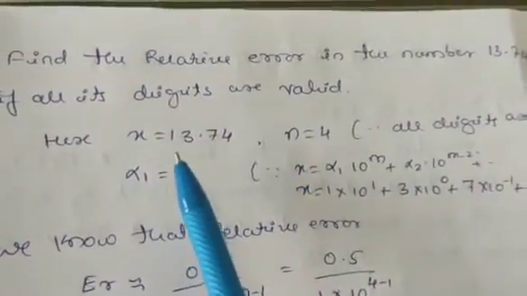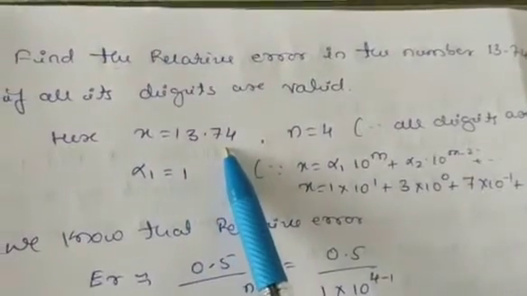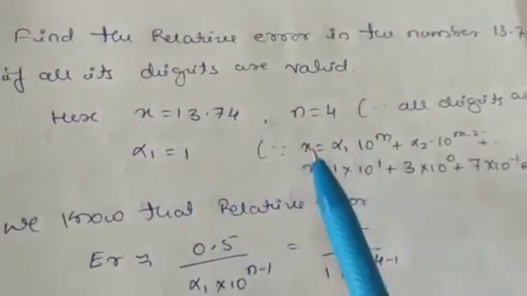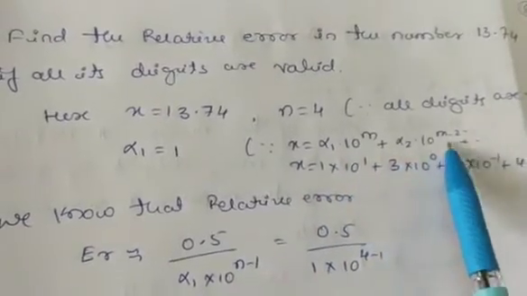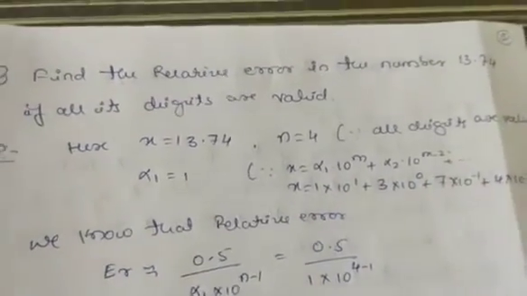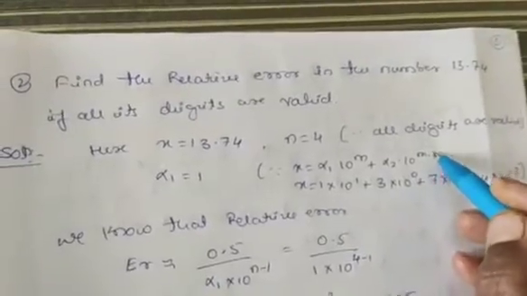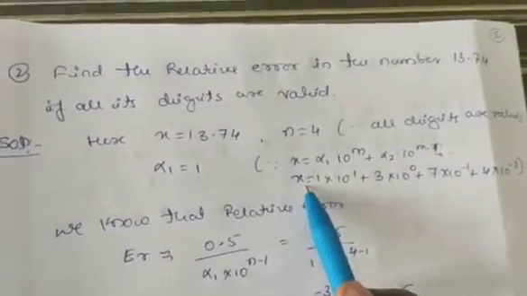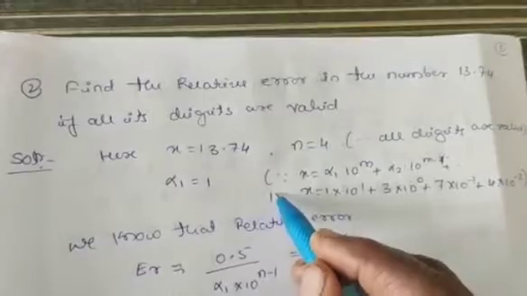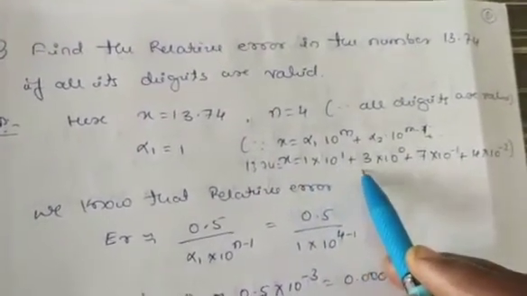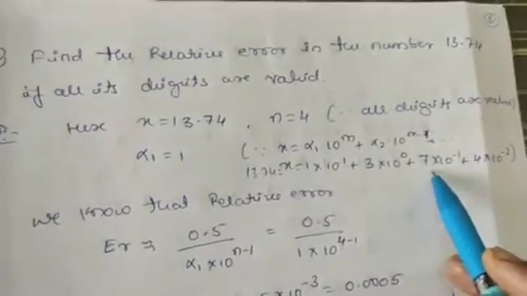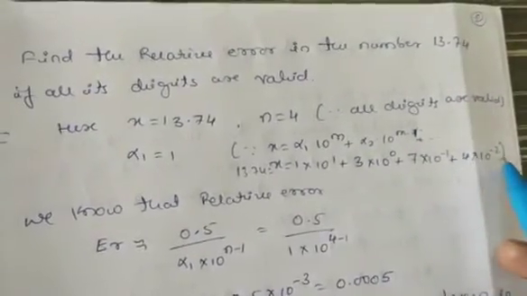Now we have to express this 13.74 in valid significant figures. We know x is equal to alpha 1 10 raised to m plus alpha 2 10 raised to m minus 1, etc. This is the general form. Now we can express x as 13.74 is equal to 1 into 10 raised to 1 plus 3 into 10 raised to 0 plus 7 into 10 raised to minus 1 plus 4 into 10 raised to minus 2.